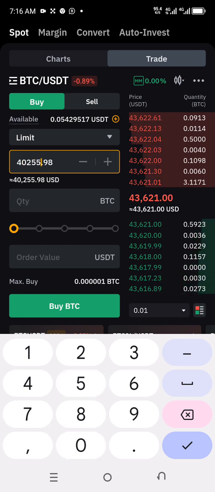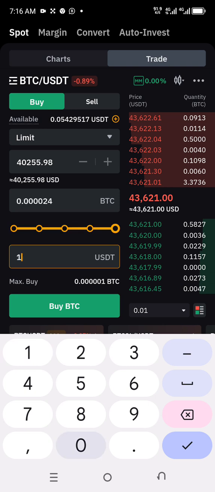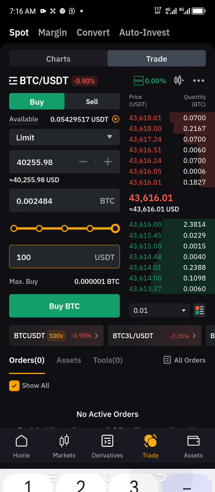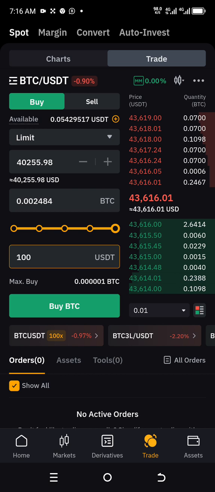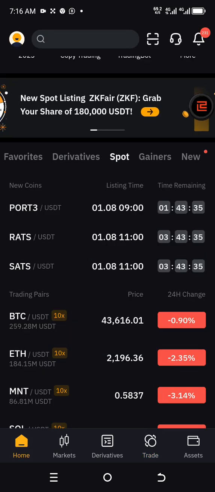You can say buy for 100 USD. You see, buy, and it will remain on orders. Whenever the price goes down there, it will join the market. And once you join the market, immediately you start making profits. It's very simple and also easy to learn.